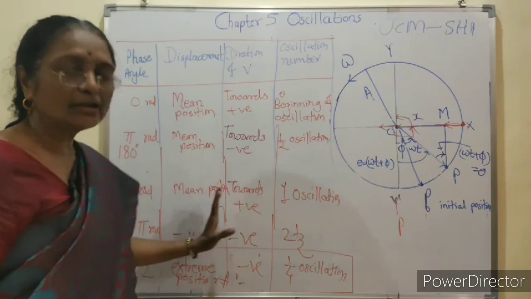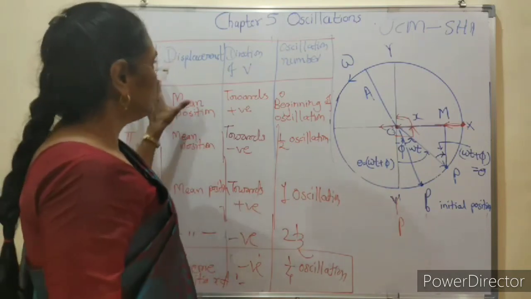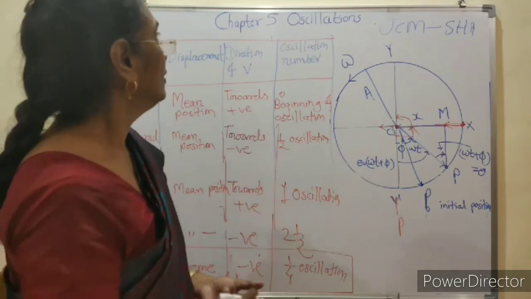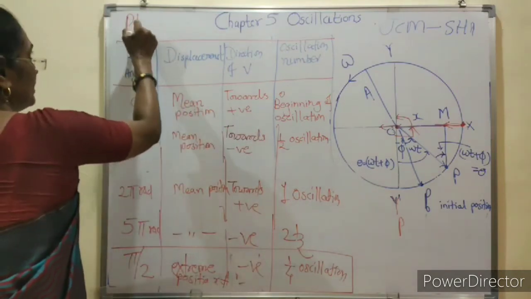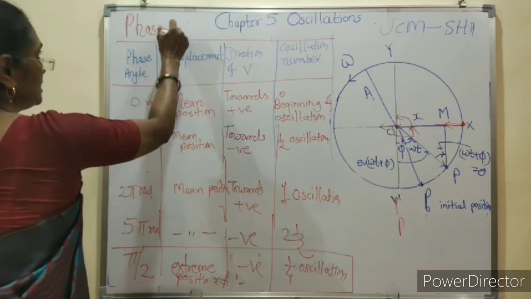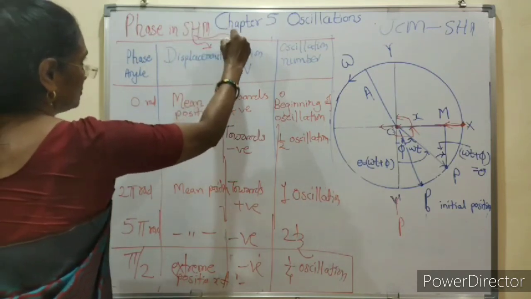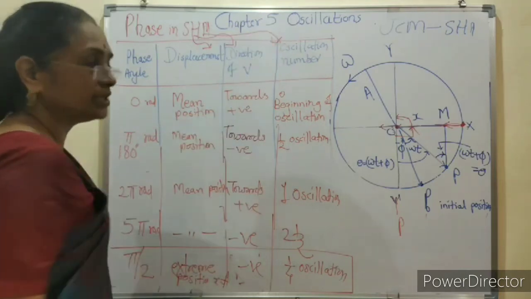So for various angles you can try descriptions like this, so that you can understand the phase in SHM, because it is given in these 3 ways.